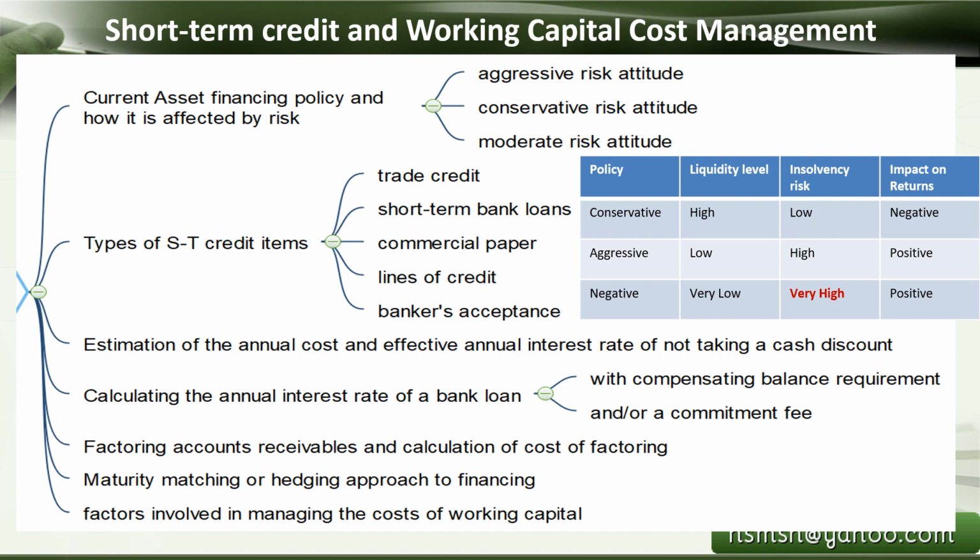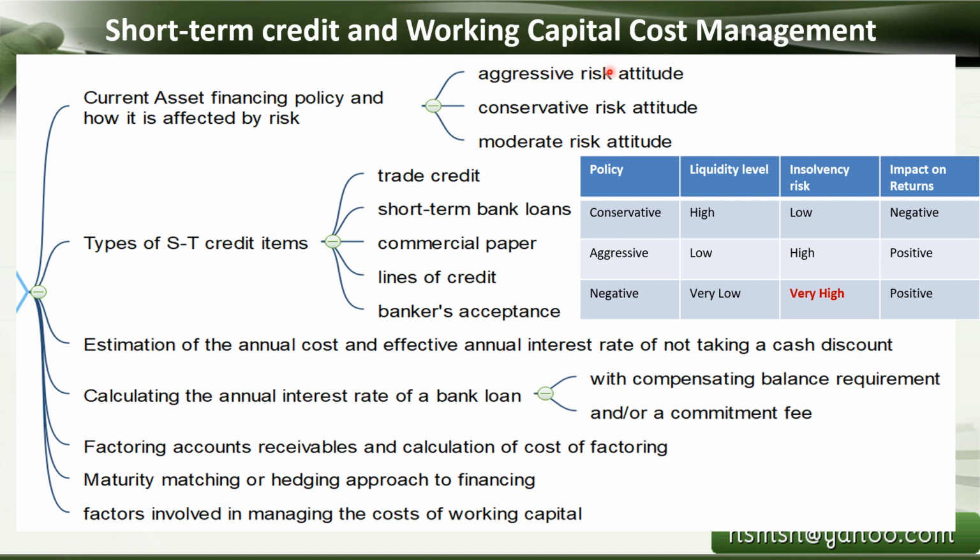So short-term credit and working capital cost management is an important consideration that the management accountant has to handle. While we do that, the basic point we should understand is the current asset financing policy and how it is affected by risk and returns.